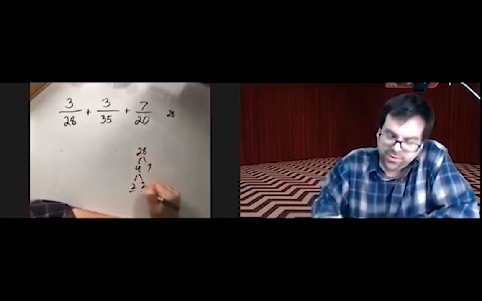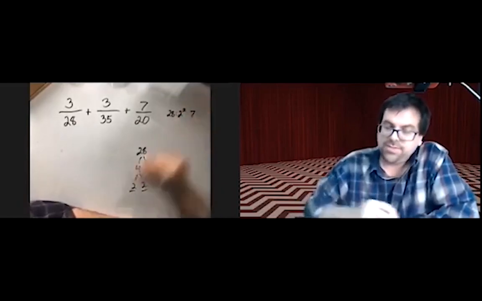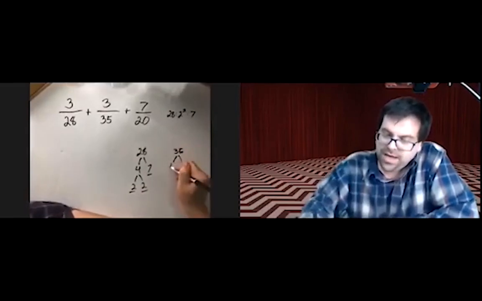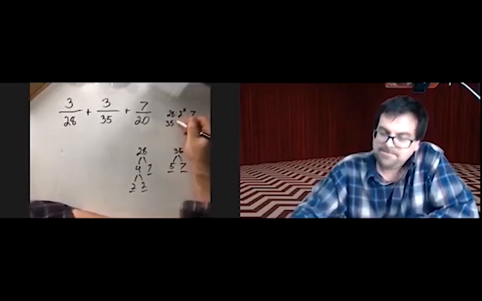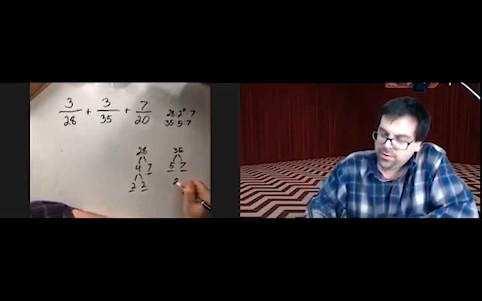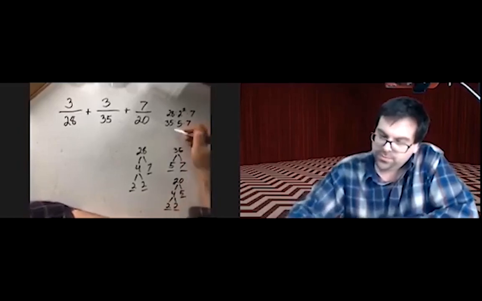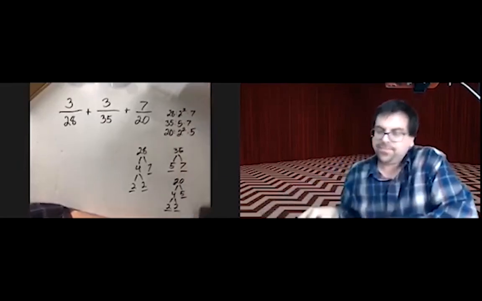That's 2 times 2. 28 is 2 squared times 7. 35, that's 5 times 7. Both of those are prime. 20, it's 4 times 5. 4 is 2 times 2. 20 is 2 squared times 5.